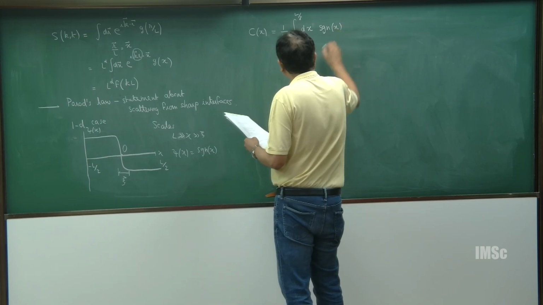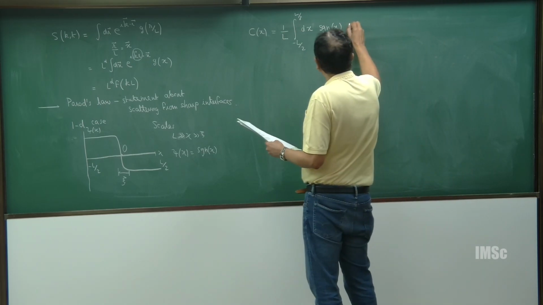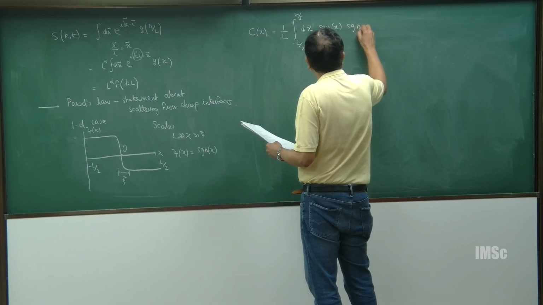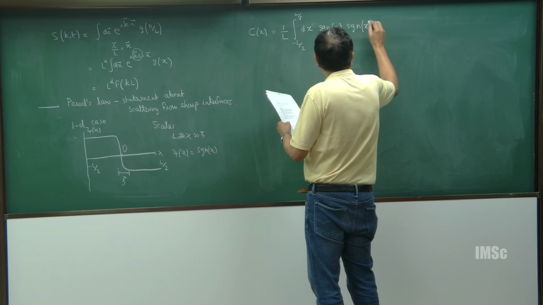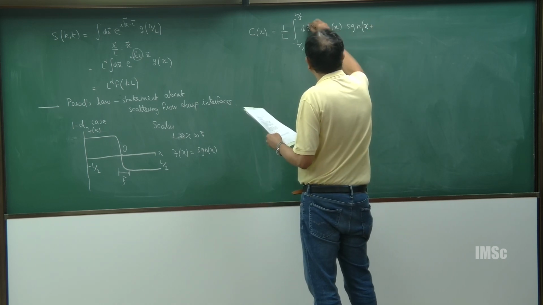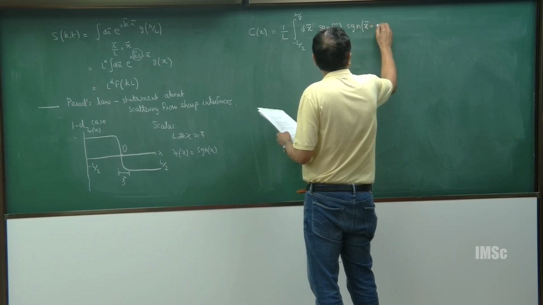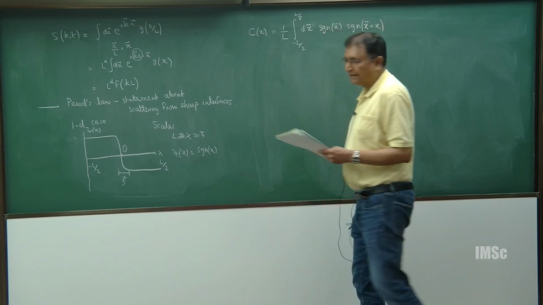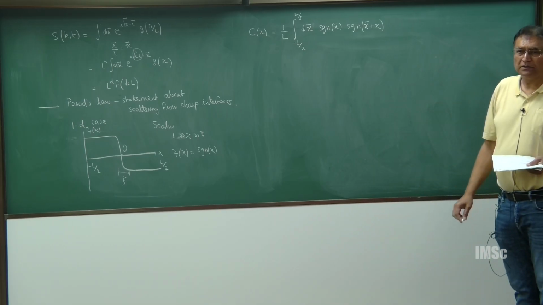At one location the value of the order parameter is sign of x bar, and at the other location it is sign of x bar plus x. That is the definition of the correlation function. Is that clear what I have written down?